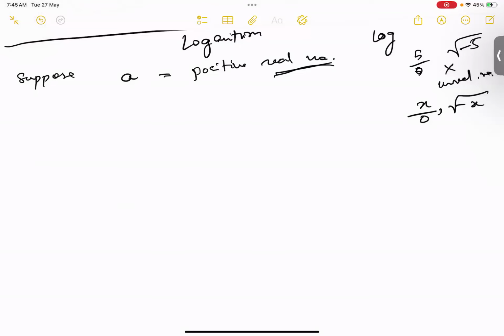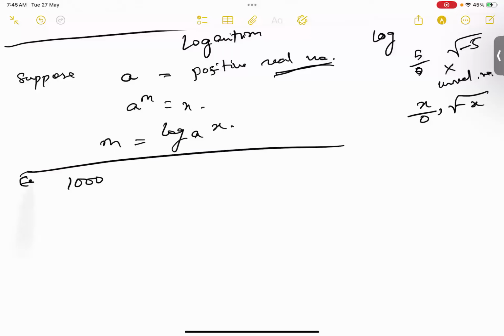So if a is a positive real number, which means it's not negative, other than 1, and it must not be 1, and a to the power m is equal to x, then this m is nothing but logarithm base a of x. Suppose I give you an example. We have a number 1000.